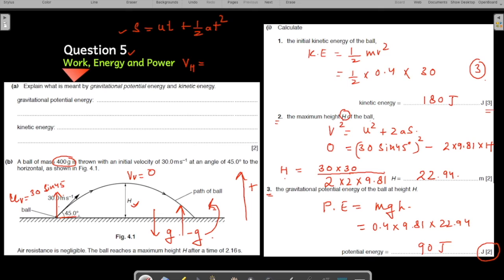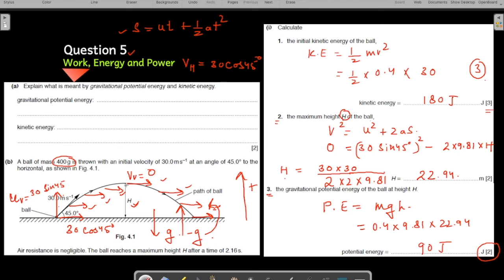The horizontal component does not change. 30 cos 45 degrees. Horizontal component stays the same everywhere, no matter where you are. The horizontal component is the same at all these points, right? Which is 30 cos 45 degrees.